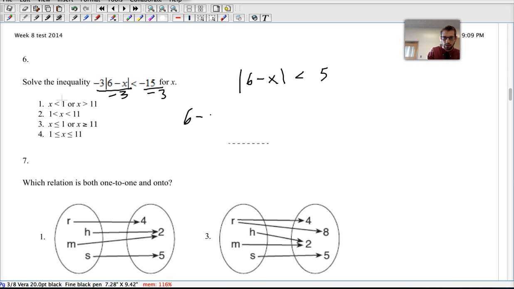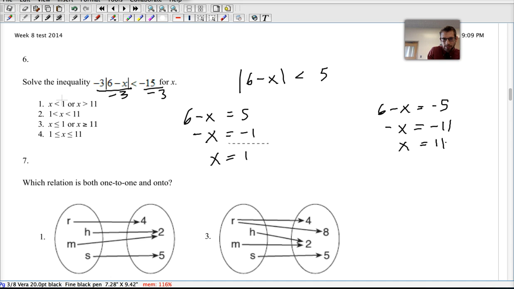So 6 minus x is equal to 5, and 6 minus x is equal to negative 5. Alright, so negative x is equal to negative 1, x is equal to 1. That's going to be one of my solutions. And my other solution, subtract 6 from both sides, negative x equals negative 11, x equals 11. Alright, so 1 and 11 are my answers.